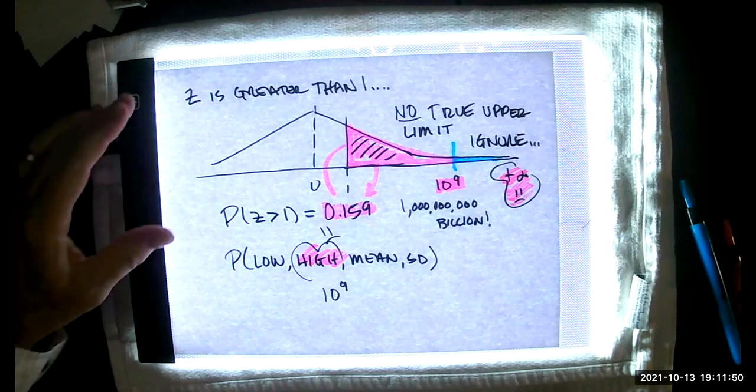And I have the same problem when I have calculations where we're looking for values where z is less than.